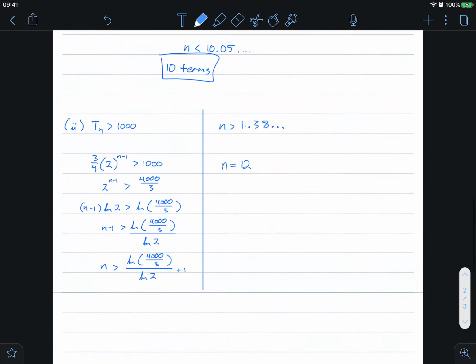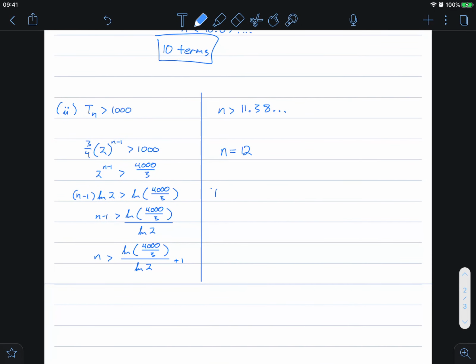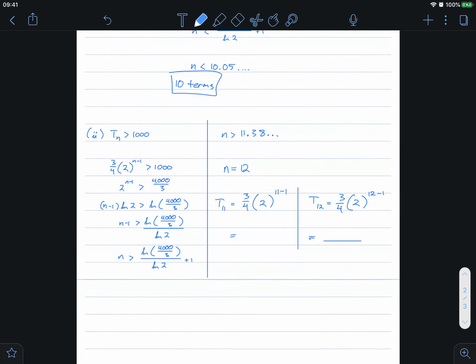You can test this: if you put in T11, we get 3 over 4 times 2 to the power of 11 minus 1. If you substitute that, you'll get a number less than 1000. But if you put in T12, 2 to the power of 12 minus 1, you'll find that this one will be bigger than 1000.